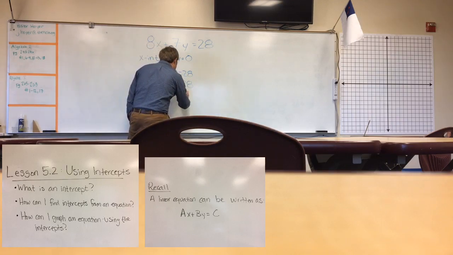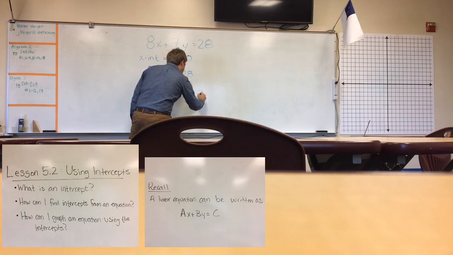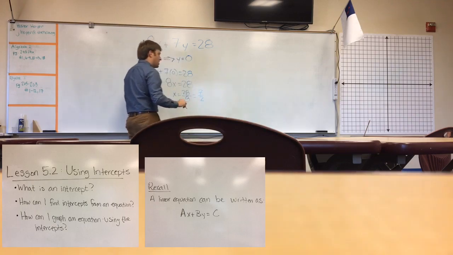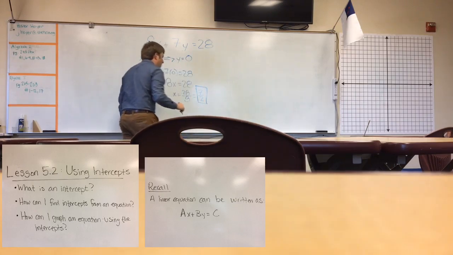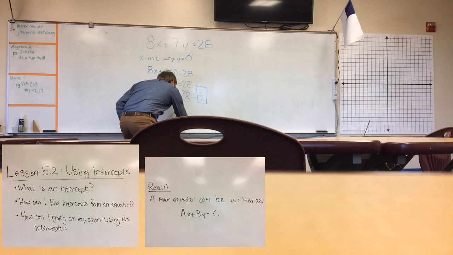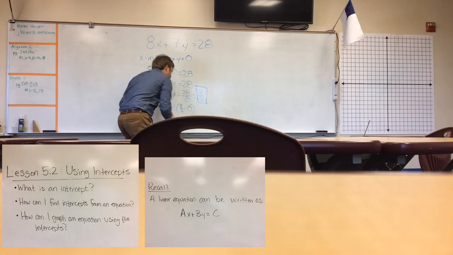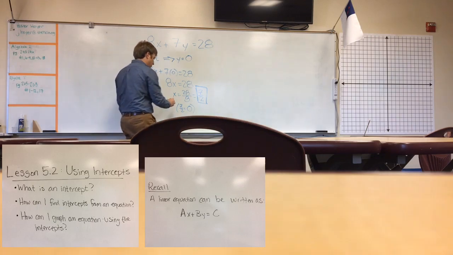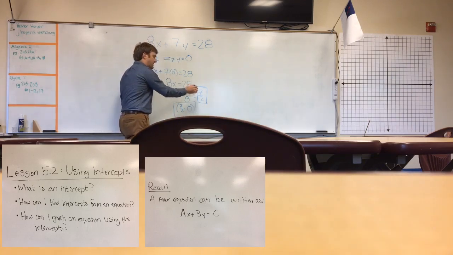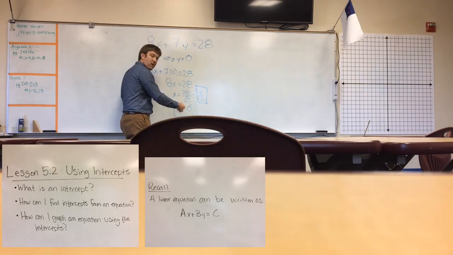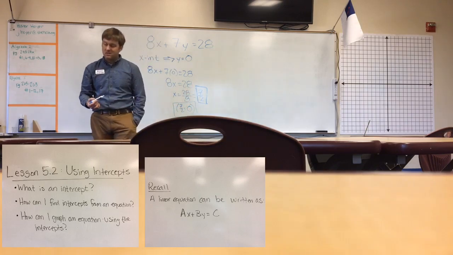We see x equals 28 over 8, which can be reduced to 7 over 2. So the x-intercept is 7 halves. It occurs at the point 7 halves, 0. Okay? That's our point. The ordered pair that corresponds is 7 halves, 0.